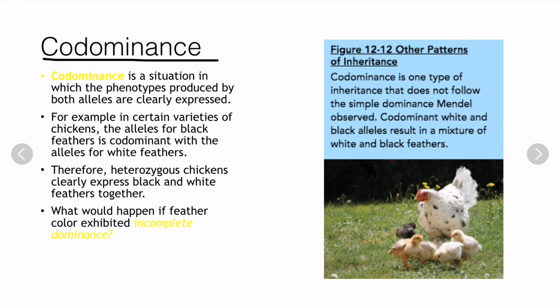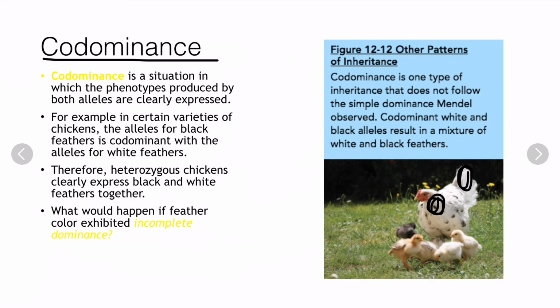Codominance is when both phenotypes are clearly produced. So, for example, in chickens, the allele for black feathers is codominant with the allele for white feathers, okay? So you see black and you see white feathers. You see them both. So heterozygous chickens express clearly black and white feathers together.